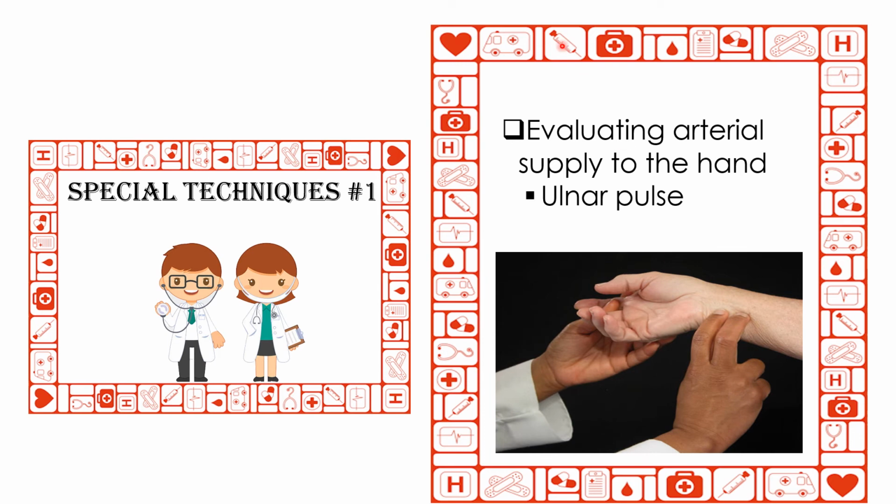The pulse of a normal ulnar artery, however, may not be palpable. Arterial occlusive disease is much less common in the arms than in the legs. Absent or diminished pulses at the wrist occur in acute embolic occlusion and in those who have Buerger's disease, or thromboangiitis obliterans.